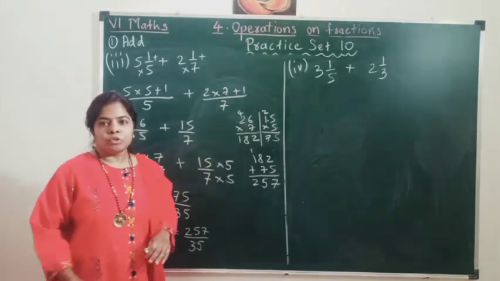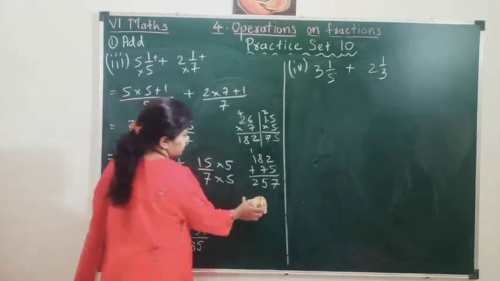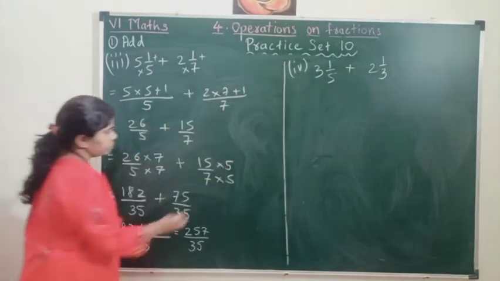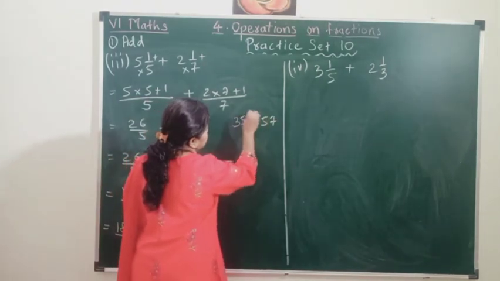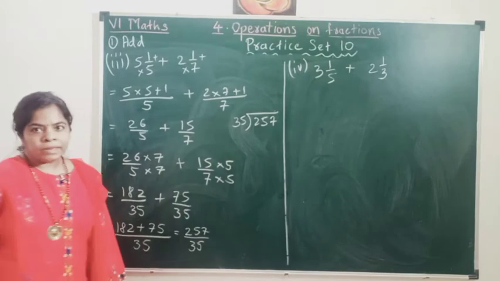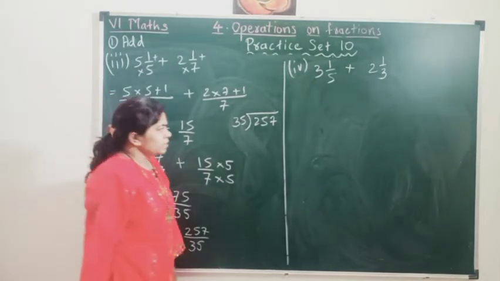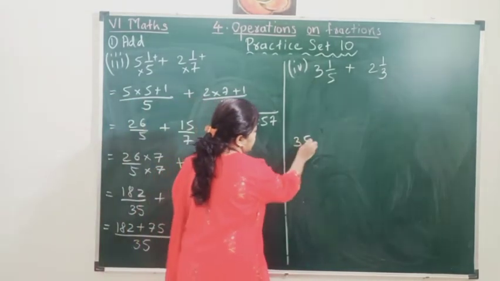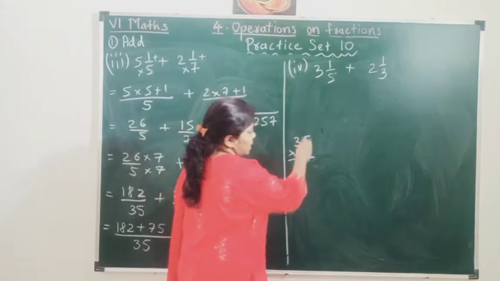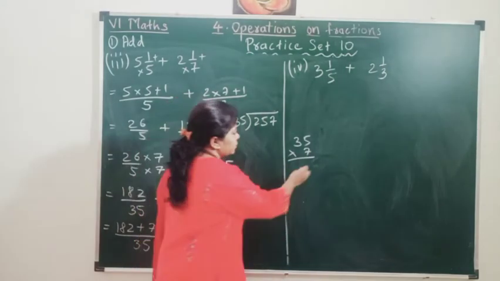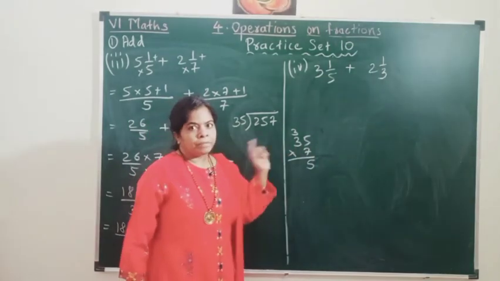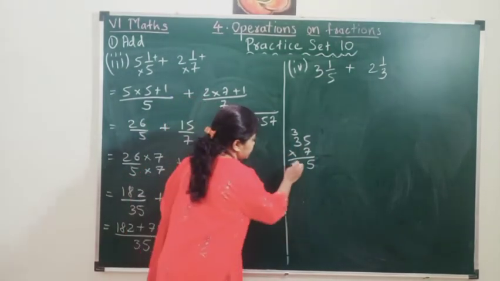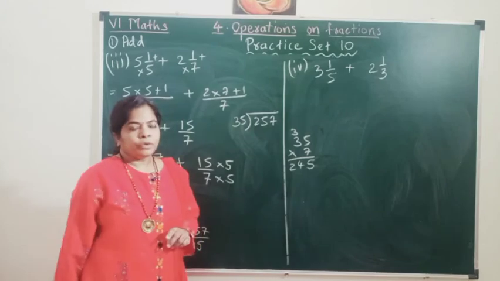We'll erase this to do our rough work, children. 35. Let's check with 7. 7 5s are 35. 7 3s are 21 plus 3, 24. 245.